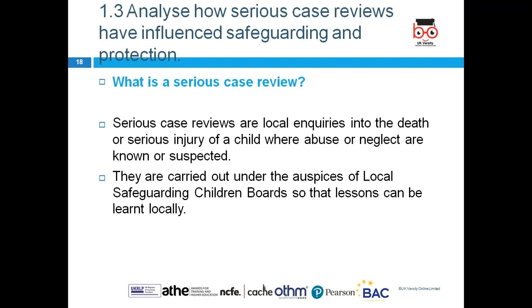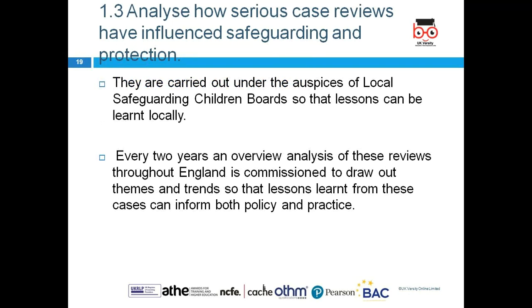To be honest, like you mentioned on the previous day, Baby P and Victoria Climbié, all of those, they happened too late. And it has really shown and advocated the way care is being handled now. And that is why we've got multidisciplinary and partnership working. And they're carried out by the safeguarding boards so that we can learn lessons and adapt from there.